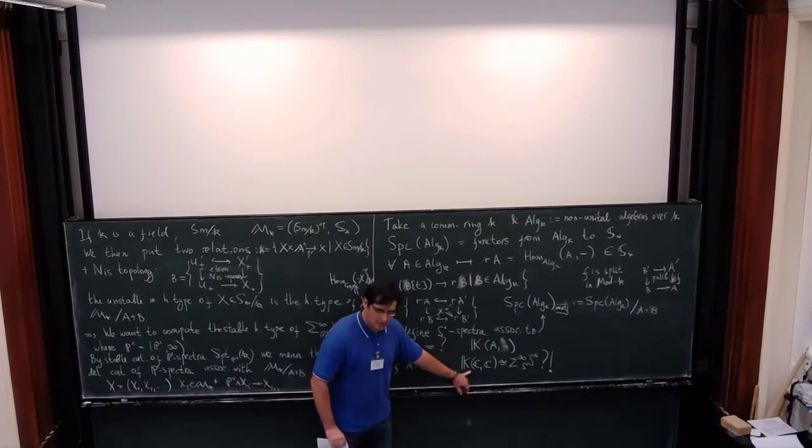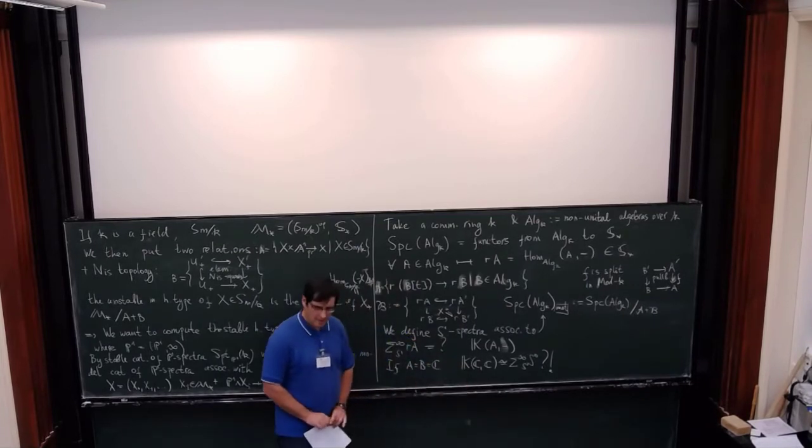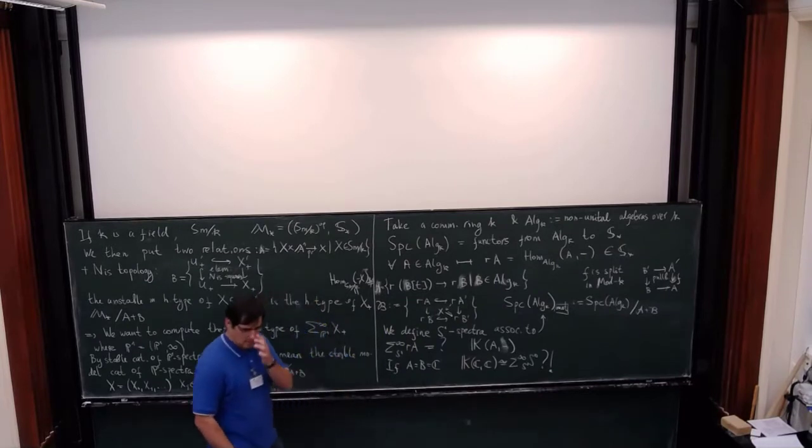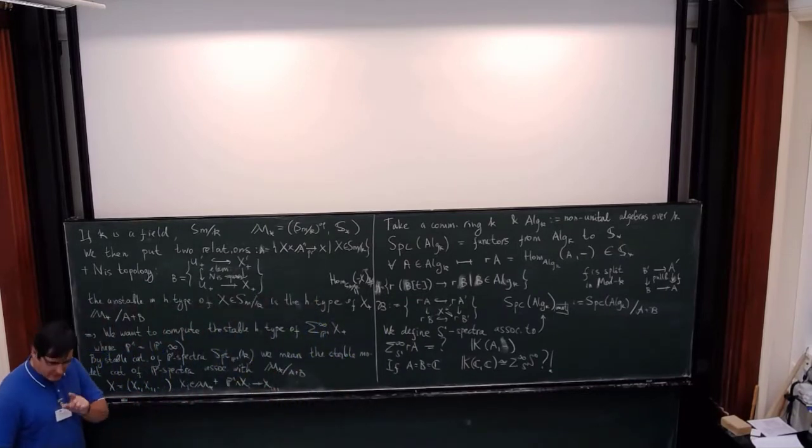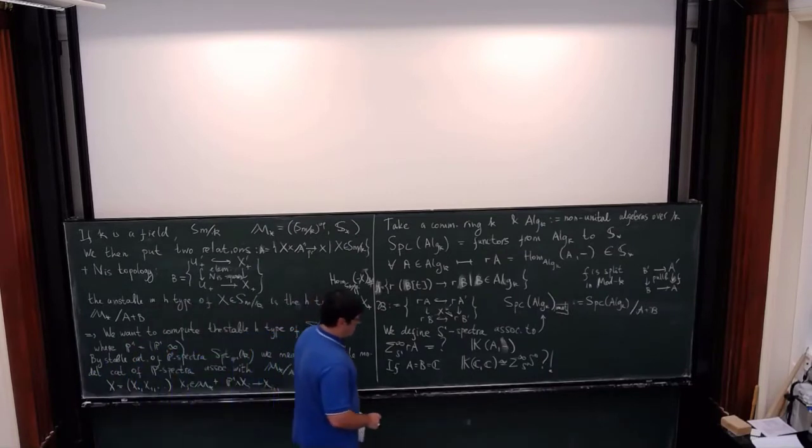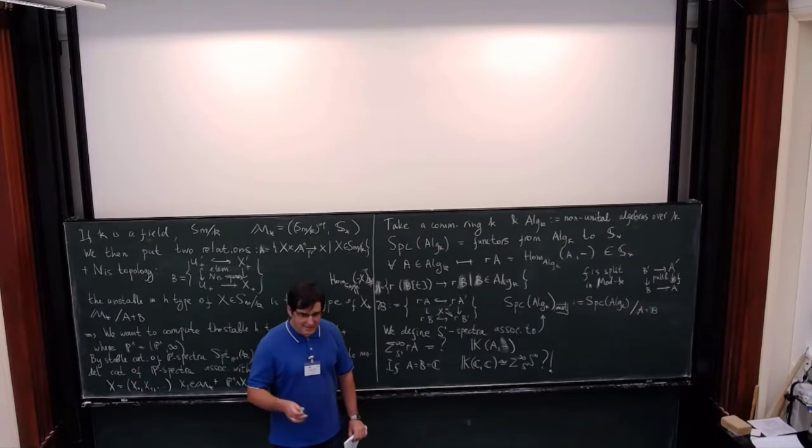You define this stable model category of S1 spectra, which models the stable category, which has mapping spectra. And then you can talk about maps between suspension of RA, suspension of RB. And is this the same thing as KK or K of AB? Later.